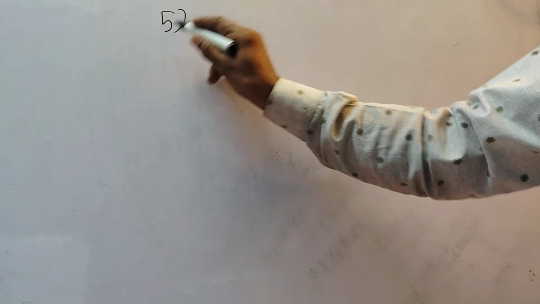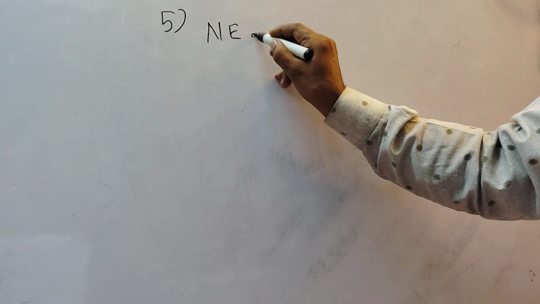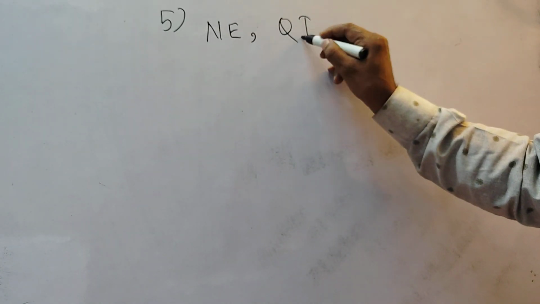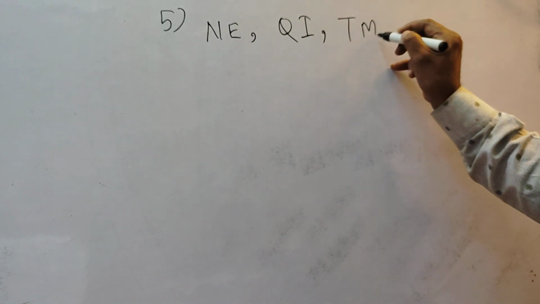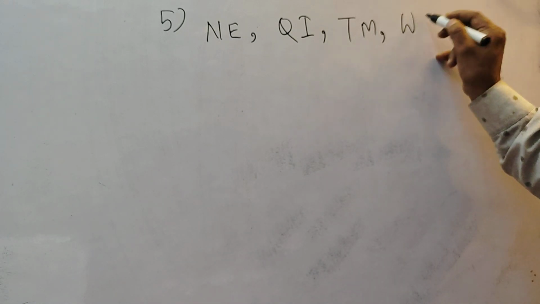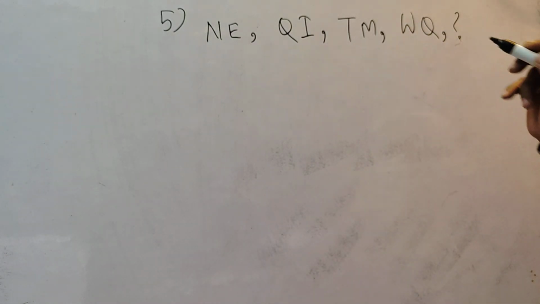Next, fifth one. Select the term from the option which will continue in the given series. So series is NE, QI, TM, WQ, question mark.